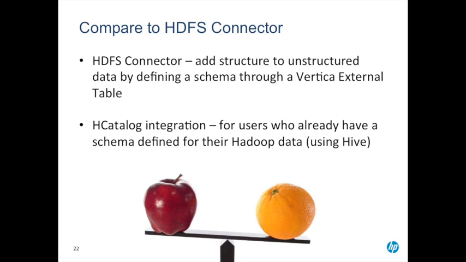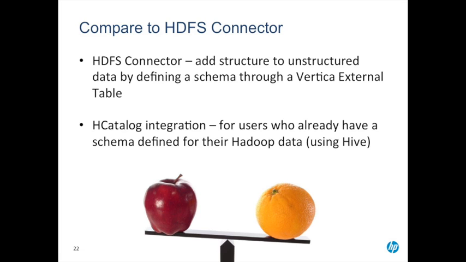The H catalog is more of an integration for users that have defined schemas for their Hadoop data using Hive. So it allows them to reference the schema in Vertica and then analyze the Hadoop data. So that's really the difference between the 6 versus the 7, the H catalog versus the HDFS connector.